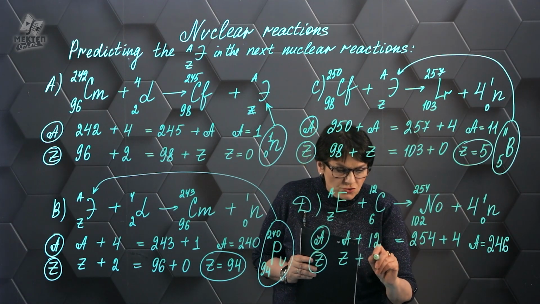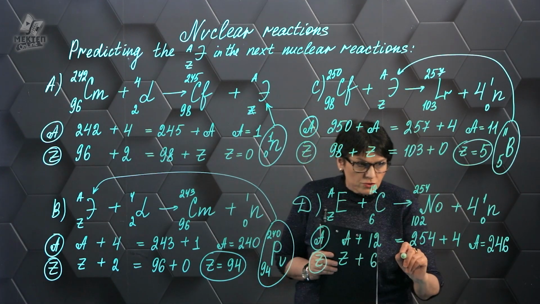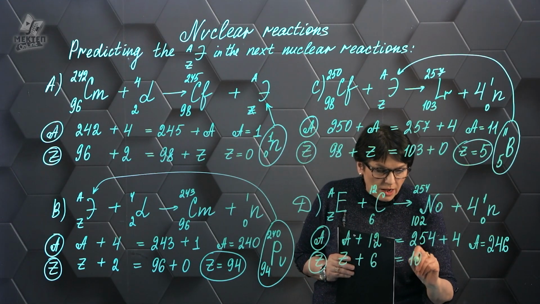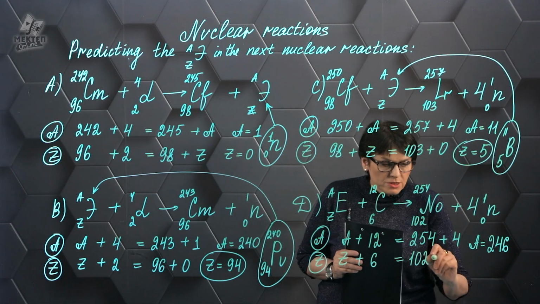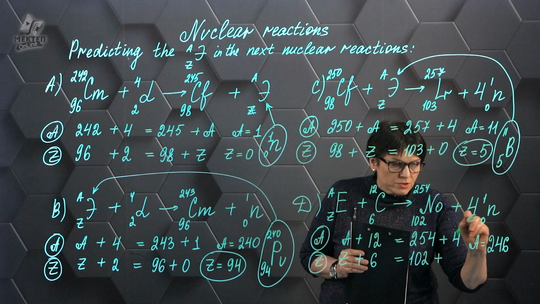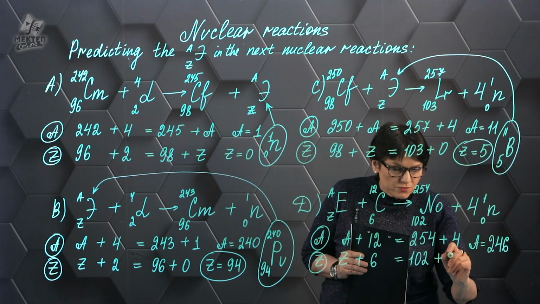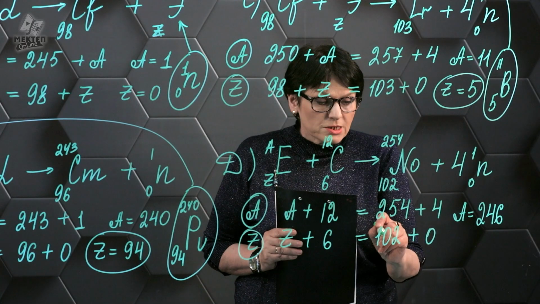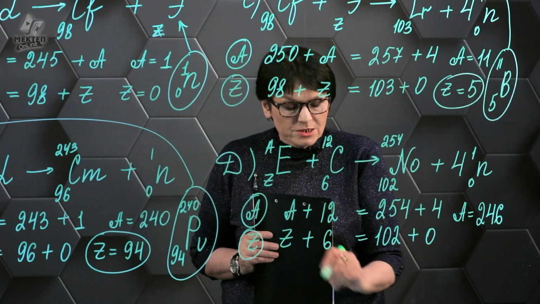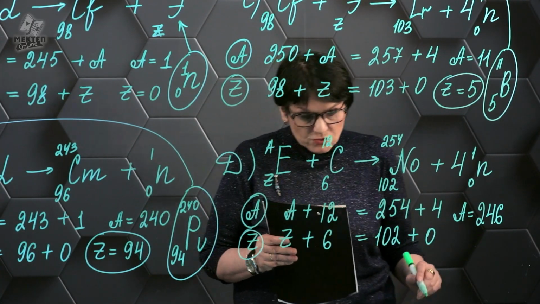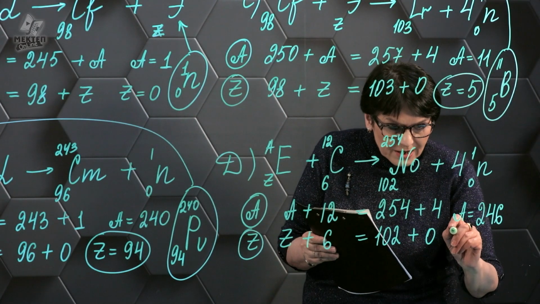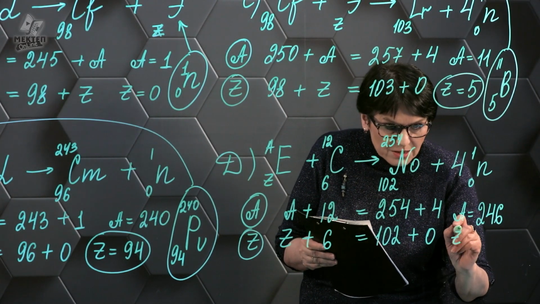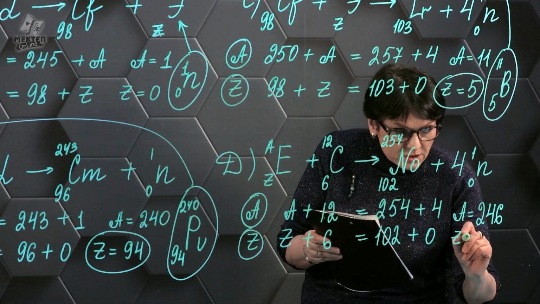So Z plus 6, that's from carbon, equals 102. That's the nobelium number, and since we have 4 neutrons, but neutrons have a charge of 0, we get 0 in this case. Then we have 102 on the right side, and 102 on the left side. And in this case, for this unknown element, we have Z equal to 96.